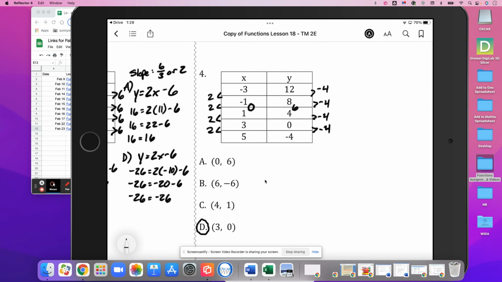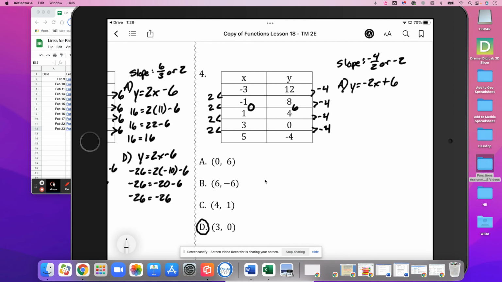So our slope is -4/2, or -2. So an equation for this one, y equals -2x plus 6.